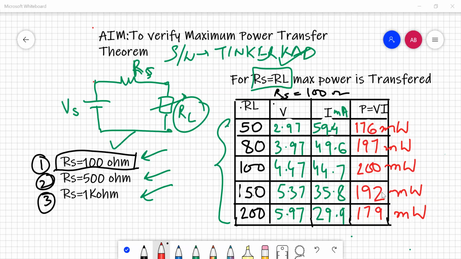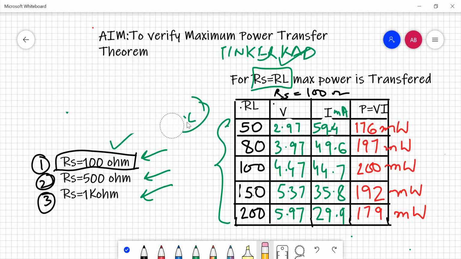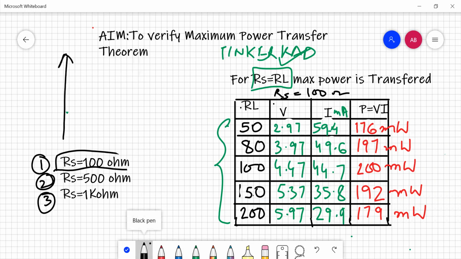And now what you are going to do is make a graph of all the values that you have got. I will let you know how you are going to draw it. On the vertical axis, you are going to mention the value of power. You all have to go by 20-20 divisions. Let me mark it for 20 each only.